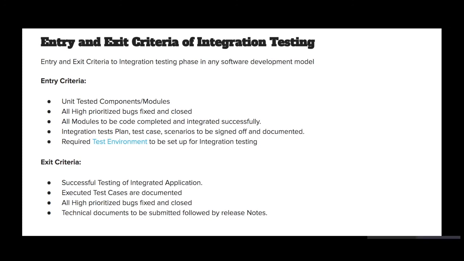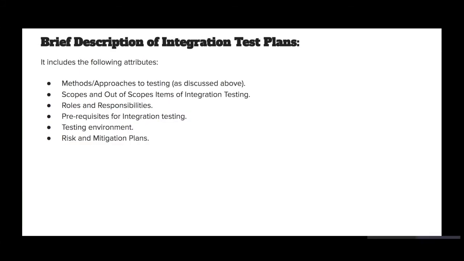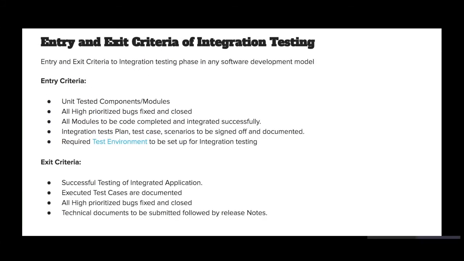All modules should be code complete and integrated successfully. The integration test plan and test case scenarios should be signed off and documented well in advance before entering the integration testing. Also, the required test environment should be set up for integration testing. And everything should be done in the test plan itself.